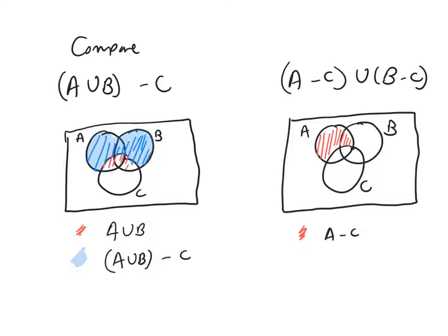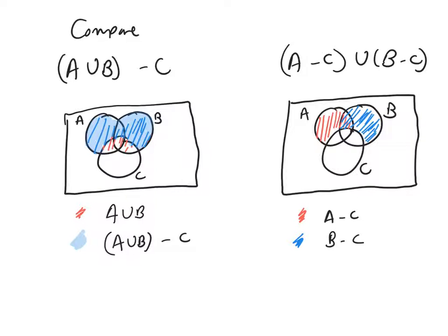And now let's shade in B minus C. So you're going to shade in the part that is inside of B, but not part of the C circle. And then you're taking the union of these two sets.